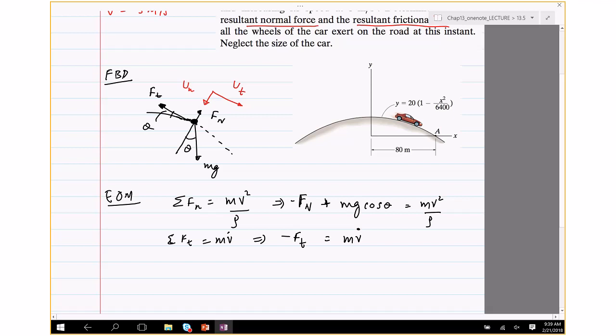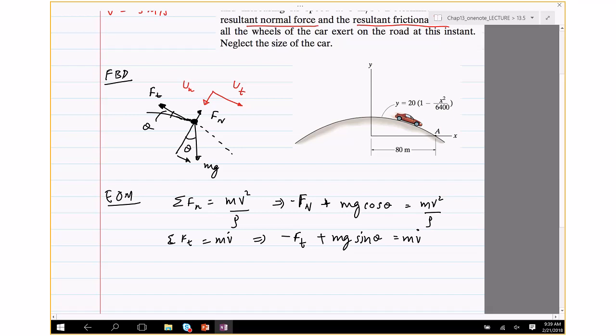Am I missing something there? Is that right? I need to write mg, right? So mg sine theta is positive because that's going to be along ut. So mv dot.